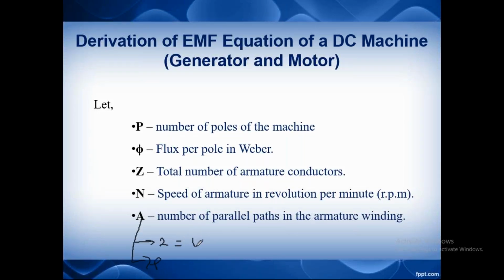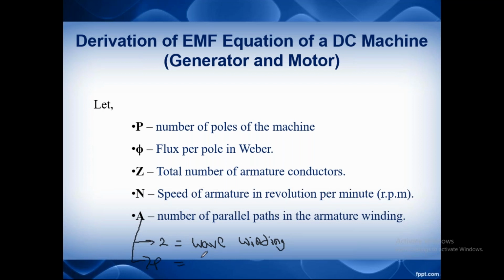When A equals 2, it means the armature winding is in the form of wave winding. When we connect the armature winding in the wave form, we have to assume A equals 2.